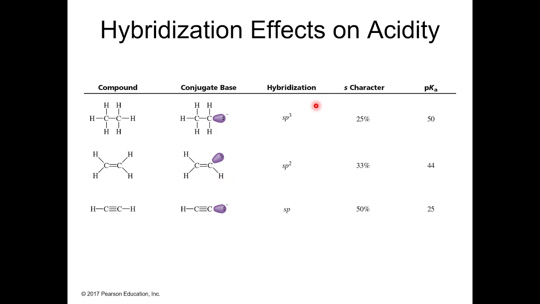Right here we again see that s character. An sp3 has the least s character in its hybridizations. The sp2 has greater s character. The sp has, again, greater s character. And as we gain greater s character, what happens to our acid strength?